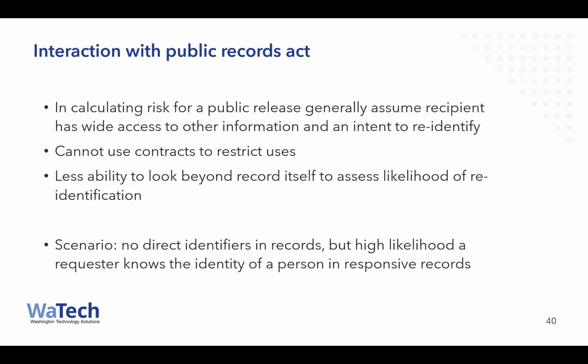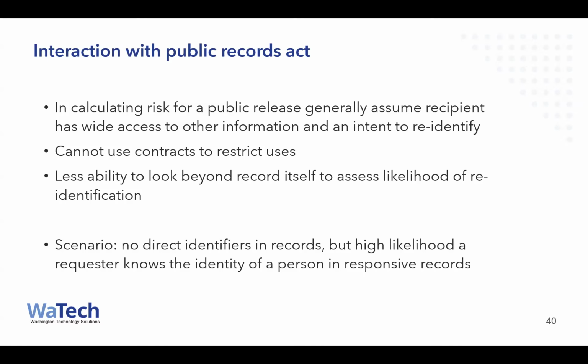And we also have less ability to look beyond the record itself. So a lot of the stuff that I've talked about around the ability to combine with other information, and what other information the recipient has access to, is not an allowance that we have with public records, where we're not supposed to look beyond the record itself.